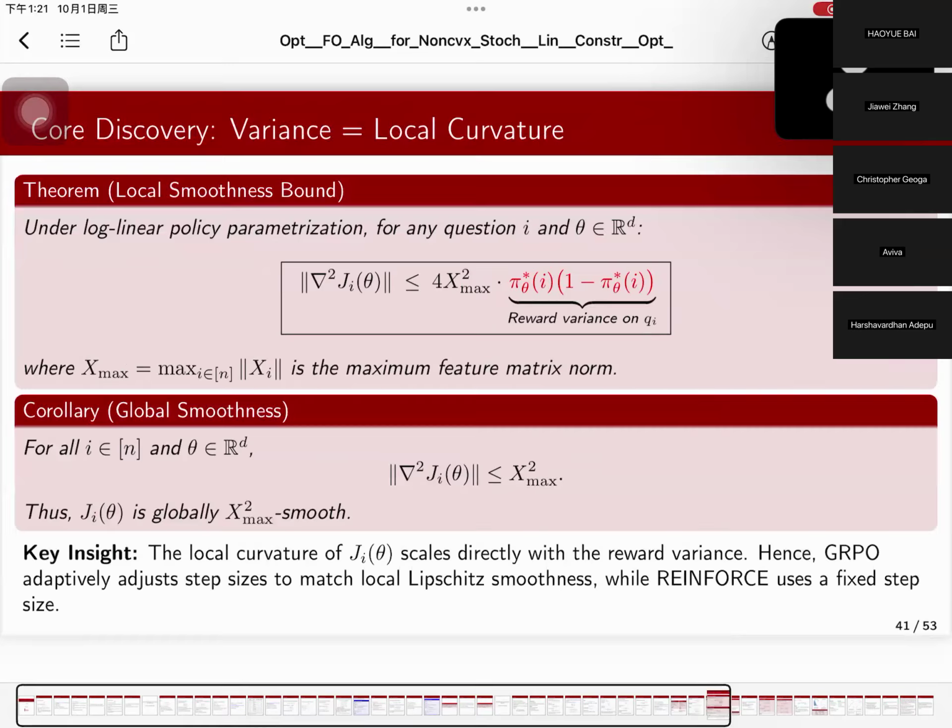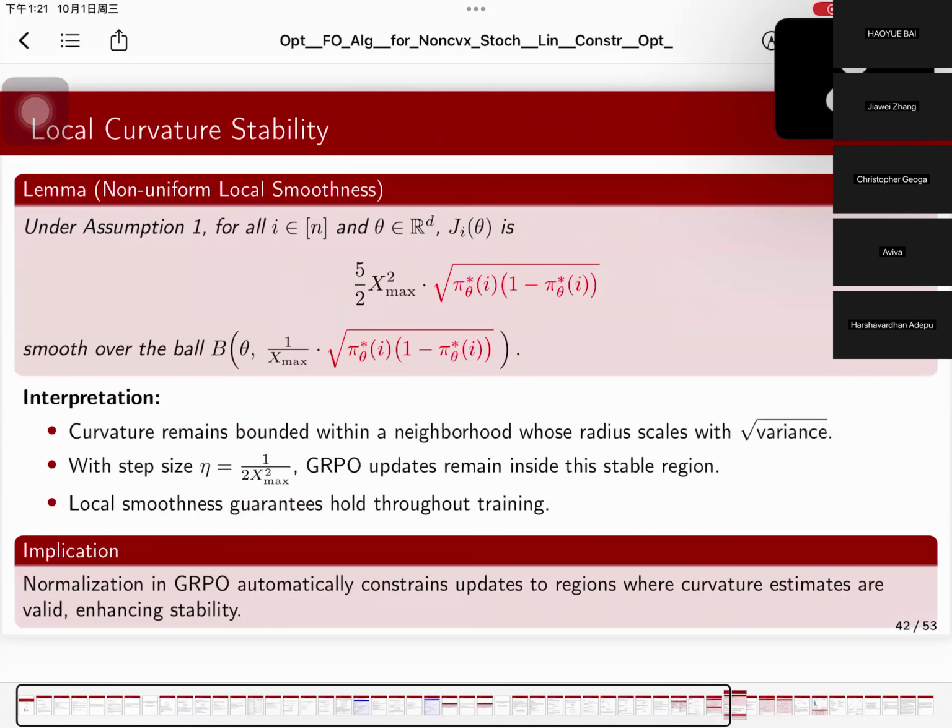Okay, so this is the most important insight of this paper. We show the Lipschitz smoothness is related to the variance. Later, we also show that the Lipschitz smoothness constant described by the variance is very stable. Because when we analyze the convergence of gradient descent, we hope that the Lipschitz smoothness constant is stable on the segment connecting the current iterate and the next iterate, so we can have the descent lemma.